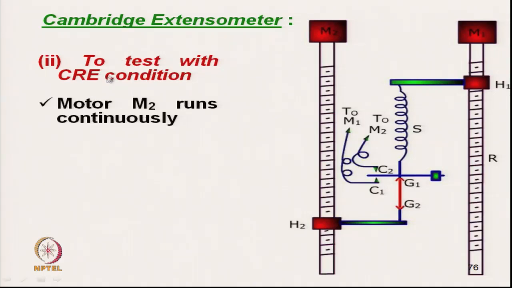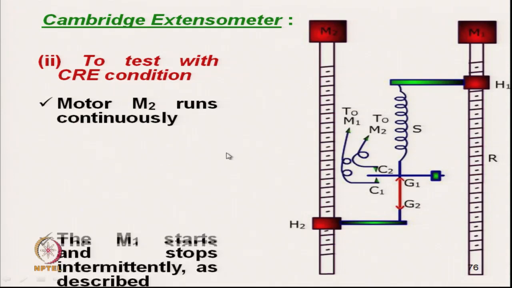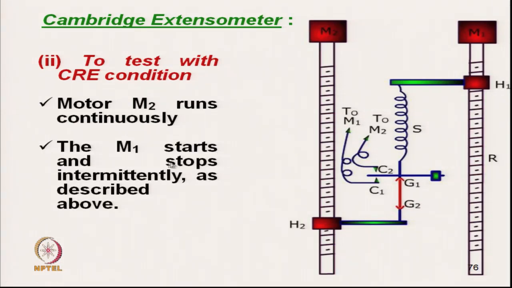The motor M2 will run continuously and motor M1 only will start and stop intermittently, as we discussed earlier in the case of the CRL principle. That is why motor M1 will run and stop intermittently.